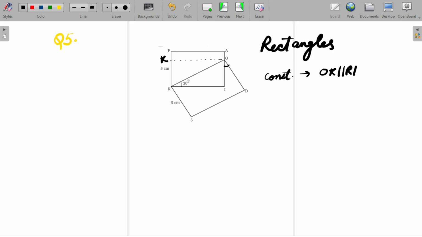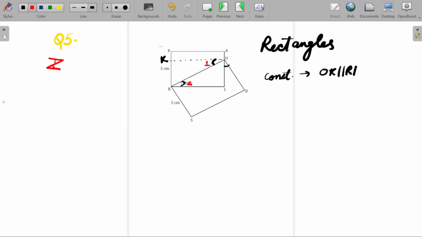Now look here. Angle KOR and angle ORI, these two angles. Can you see that? This is angle 1 and this is angle 2. These two angles are equal. How are they equal? Because they are alternate angles. Can you see the Z here? So angle 1 equals angle 2.